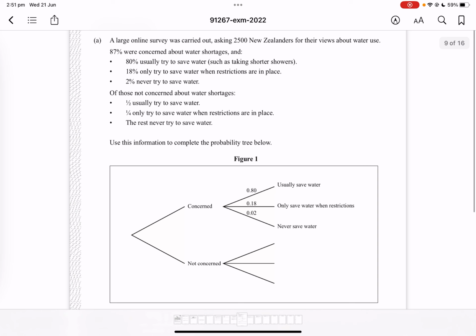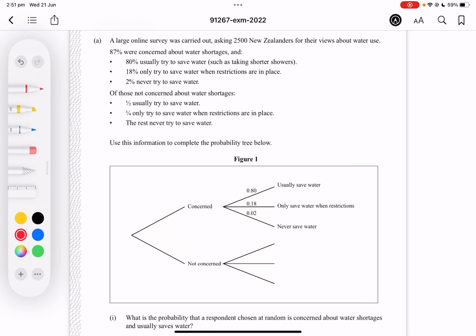This should be pretty straightforward since we have all the data. 87% were concerned about water shortages, so we know 0.87 is concerned, and we know that 0.13 are not concerned. And of those that are not concerned, we know they usually save water, only save when restrictions, never save.